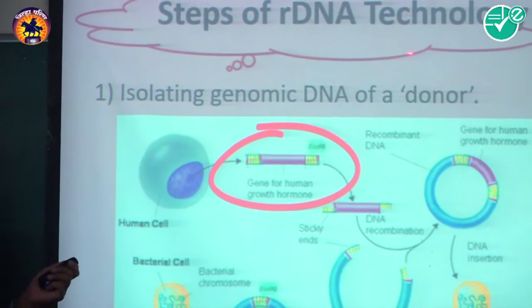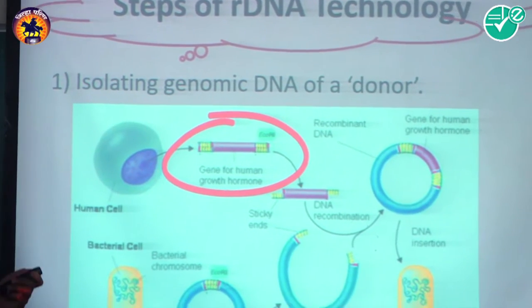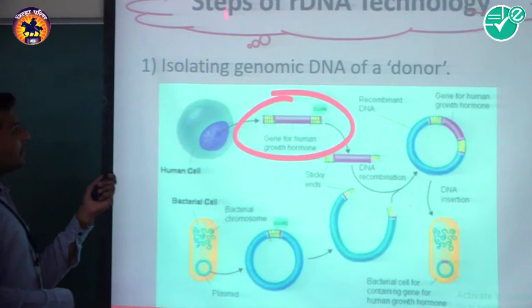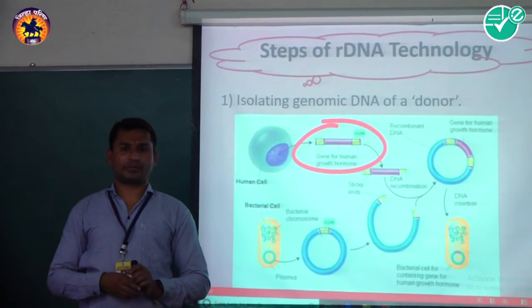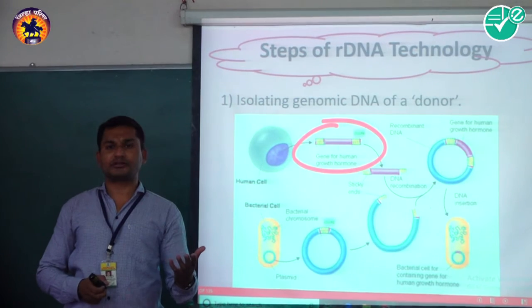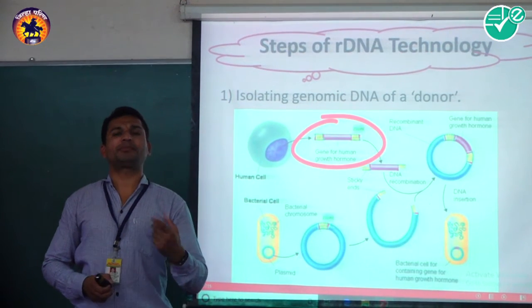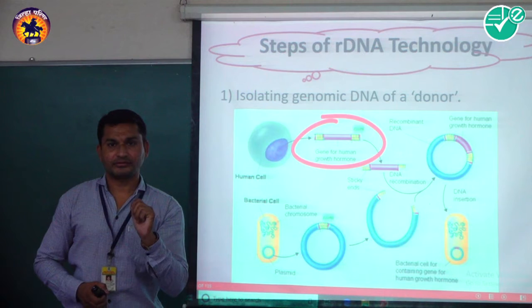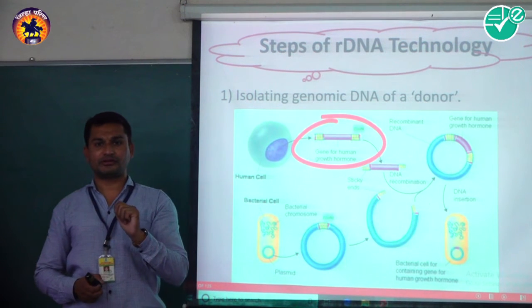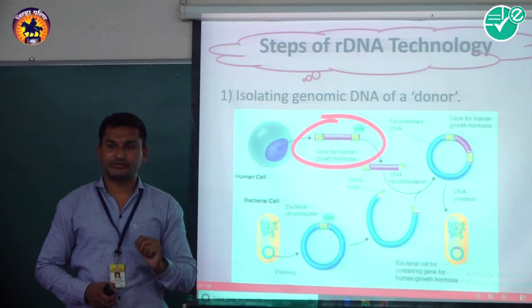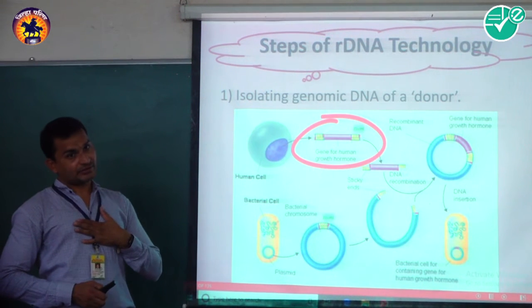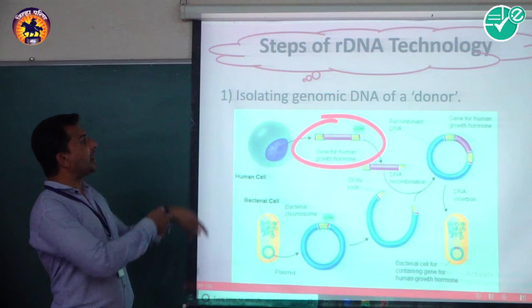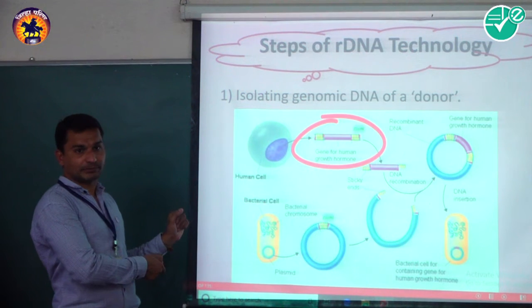Means we have to take out that DNA from a specific donor. There are a number of donors. Sometimes a plant, an animal, or a bacterium has that specific gene. That can be the donor. So we have to select first, then isolate. This is the first step.